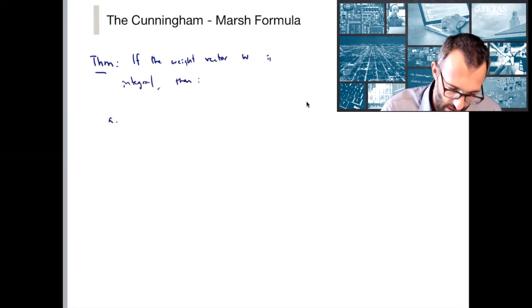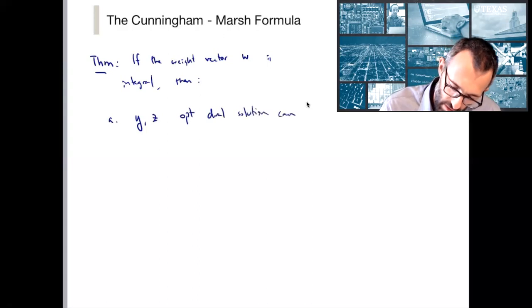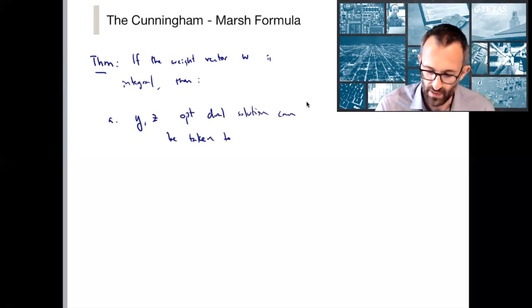First, I can take Y and Z, optimal dual solution, can be taken to be integral. That's convoluted phrasing. I just mean there's an integral optimal solution to the dual.